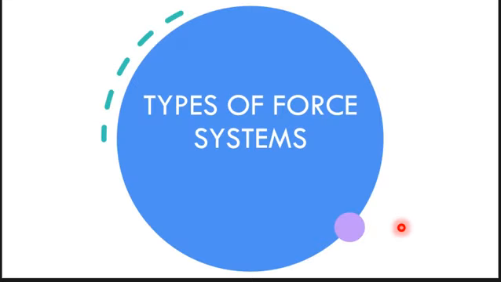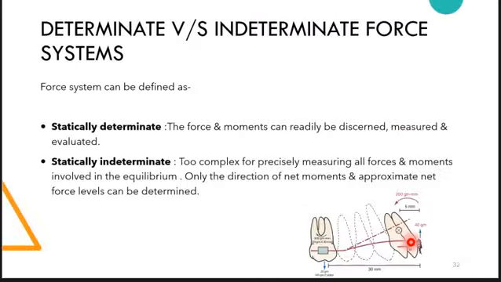Types of force systems. The laws of equilibrium require not only that for every force there is an equal and opposite reactive force, but also that the sum of the moments around any arbitrary point is equal to 0. In other words, the moments as well as the forces generated by an orthodontic system must be balanced in all three planes of space. Now, there are two different types of systems.